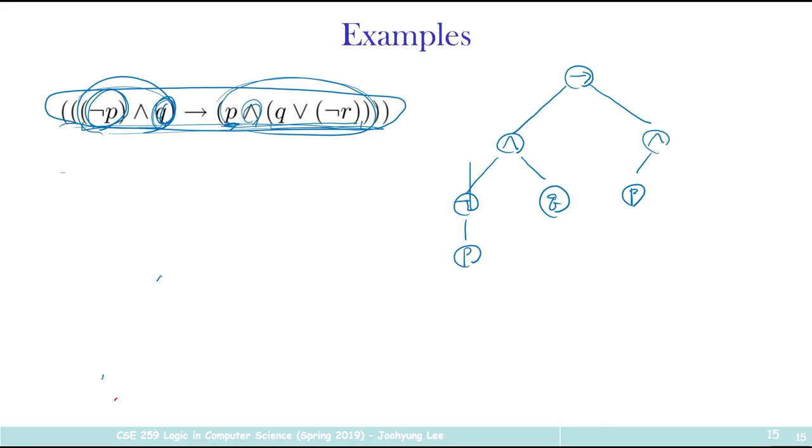On the right hand side we have Q or not R, so the node here is disjunction. The left is Q, the right has negation and R. I didn't copy the parentheses because this makes clear where the parentheses should be. For this tree representation you could write the parentheses, but that's going too far, so I skip writing them here.